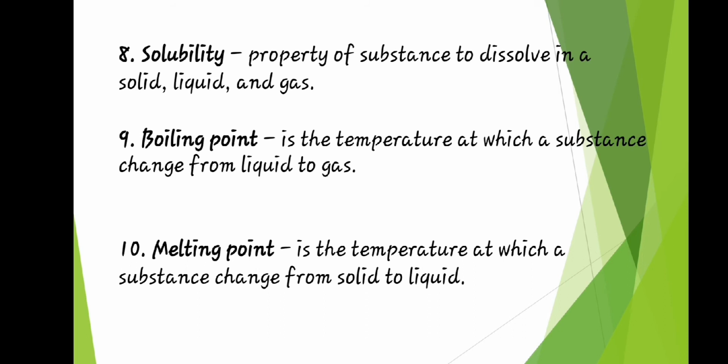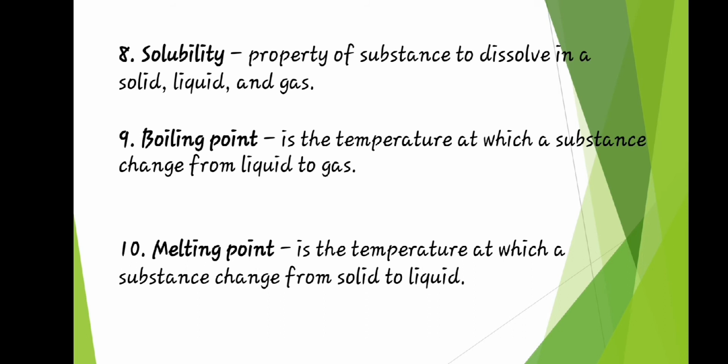When we say boiling point, it is the temperature at which a substance changes from liquid to gas. Again, no chemical composition change is observed here, because the process is only boiling a certain substance, like changing a liquid to a gas.